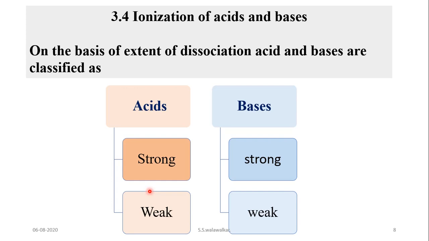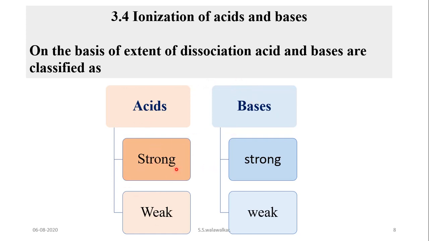Next point is ionization of acids and bases, which we have already studied in the first lecture of this topic. On the basis of extent of dissociation, acids and bases are classified into two types: strong acids and weak acids, and likewise strong bases and weak bases.